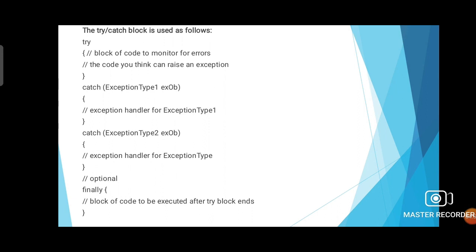Similarly, in our program we can have more than one catch block. Each catch block will handle one type of exception. So if we have to handle more than one type of exception, we can have a number of catch blocks accordingly. And finally we may have another block called finally. Finally is optional, and finally always executes. That is, whether the exception occurs or not, the code under the finally block will be executed.